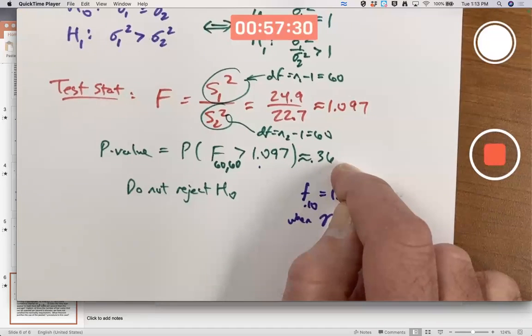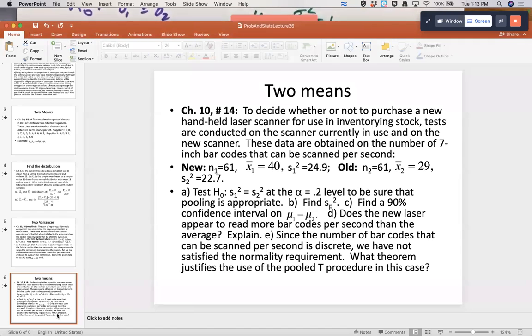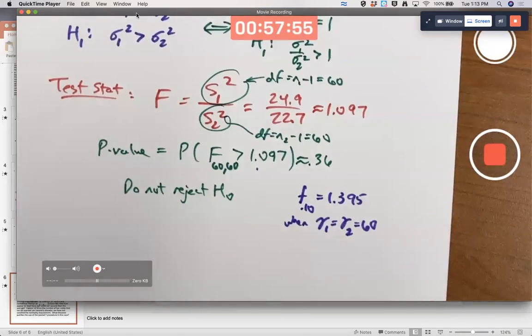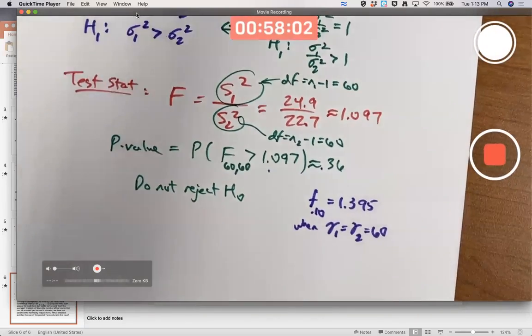But wait a minute, are we doing a one-tailed test here or a two-tailed test? It doesn't seem to say, does it? Well, if they don't say, assume it's two-tailed. Take the conservative approach that many people always do. And so that means doubling the one-tailed p-value. Although you might question, is doubling valid here, because is this F distribution's PDF symmetric?